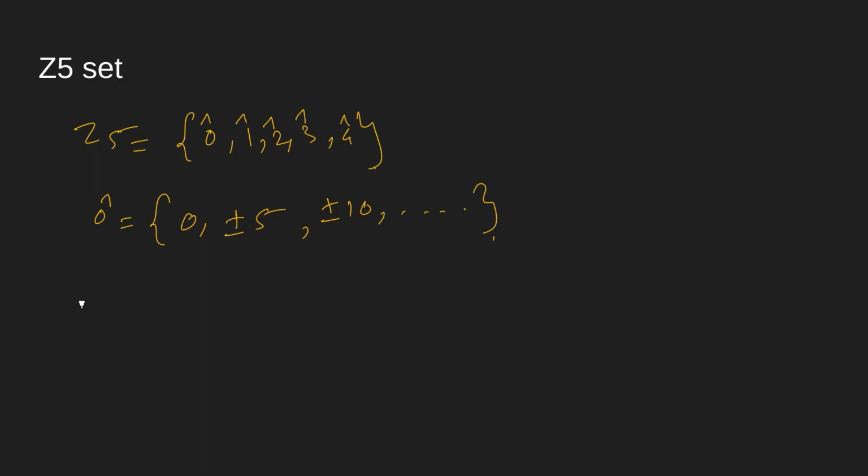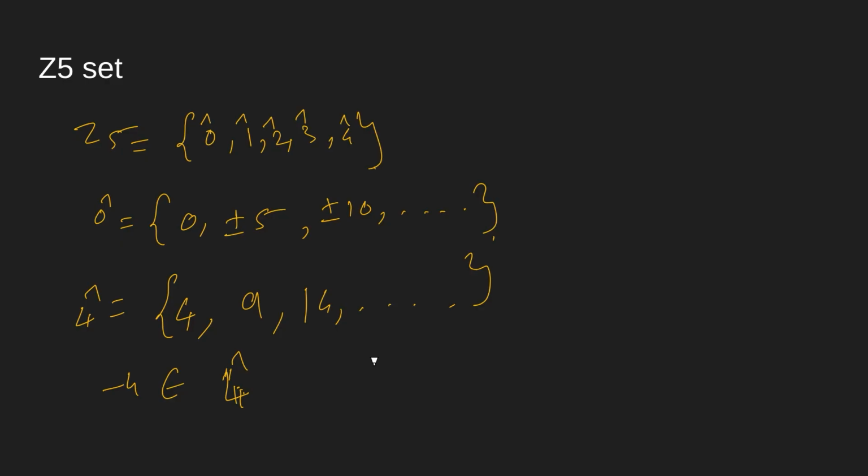This symbol 4 hat denotes a set of all numbers which, when divided by 5, give the remainder 4. Of course, the integer 4 will be there, integer 9, 14 and so on. But what about the negative numbers? Whether negative 4 belongs to this set 4 hat.